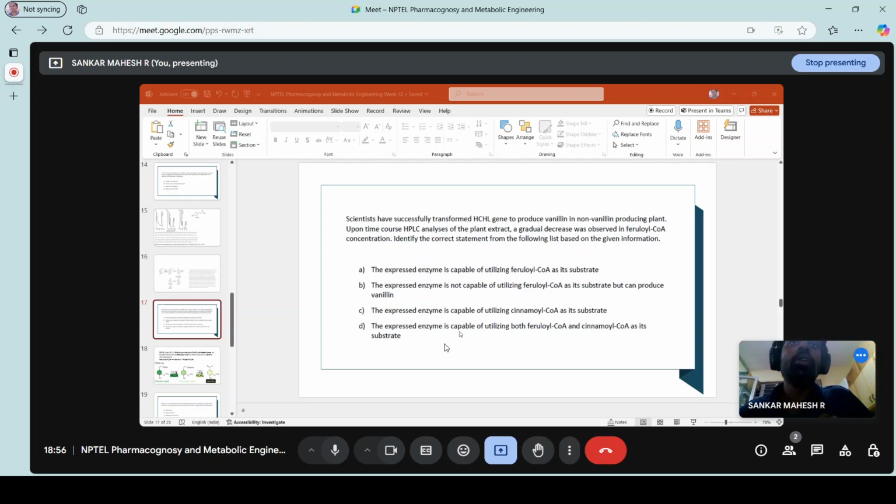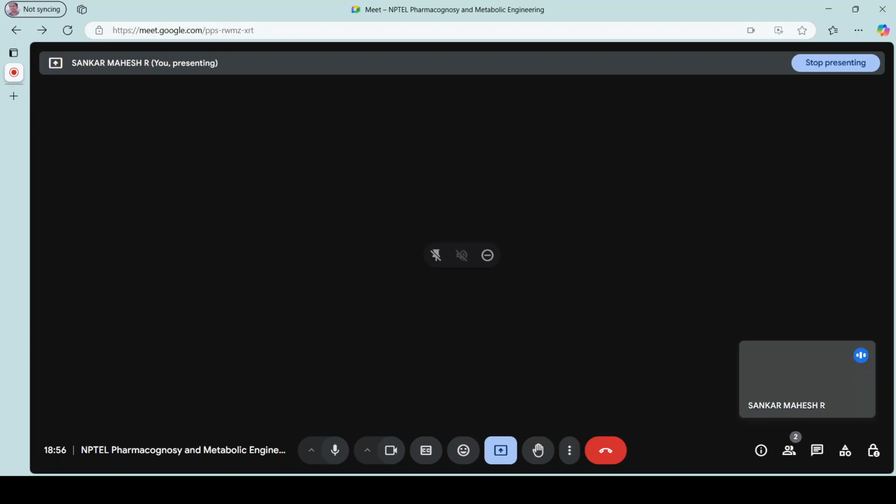So first we see what this HCHL gene does. And the second part of the question is, if you give it enough time, there is a gradual decrease in ferulyl-CoA. So what does this mean? HCHL stands for hydroxycinnamoyl-CoA hydratase lyase.